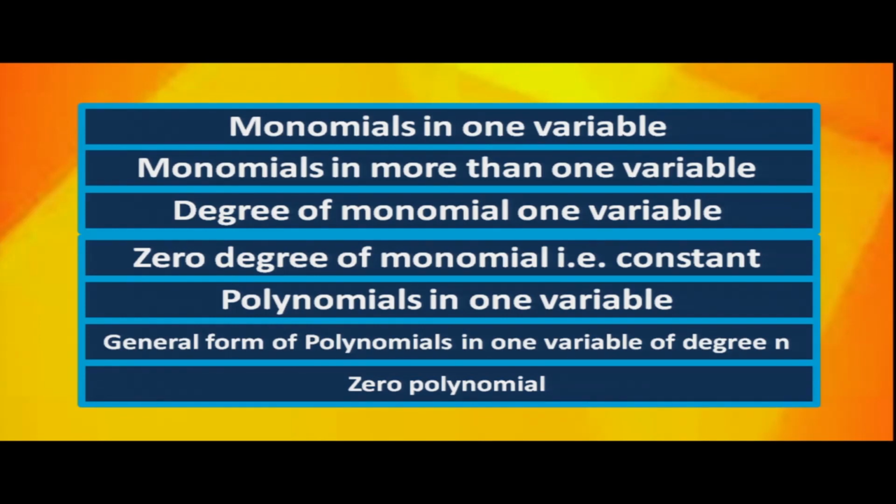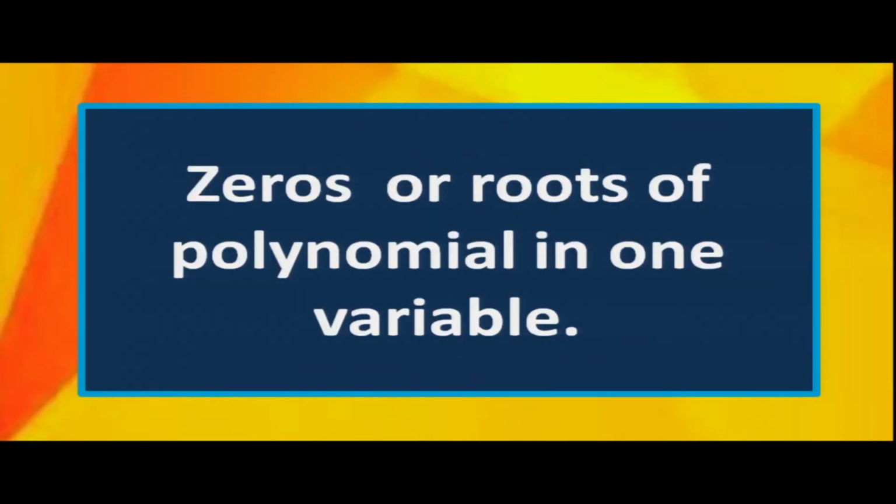The general form of a polynomial in one variable of degree n is a0 plus a1 x plus a2 x squared up to an x to the power n, where an is not 0, and the zero polynomial. In the next class, we will study zeros or roots of a polynomial in one variable.